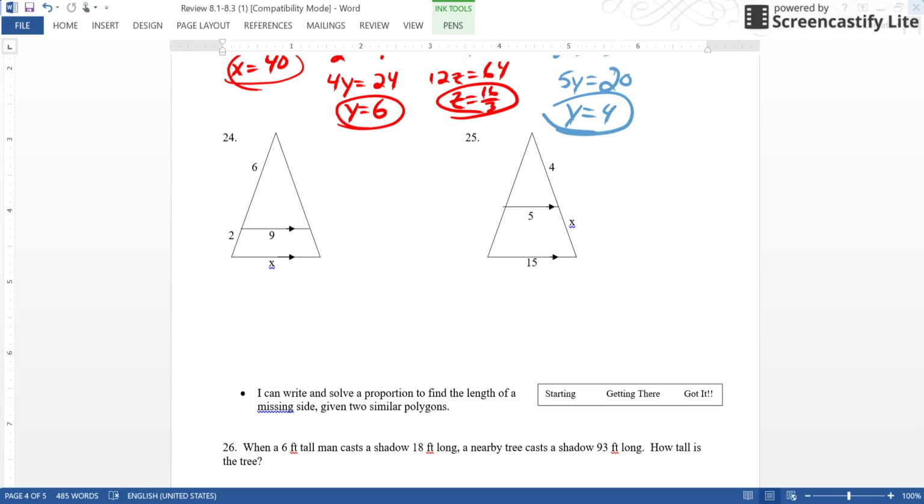Now we can look at our two different triangles. We want to draw them. So I'm looking at this one right here compared to my big one. I'll just redraw my big one. This side is 8, 6 plus 2. The bottom is x. Okay?